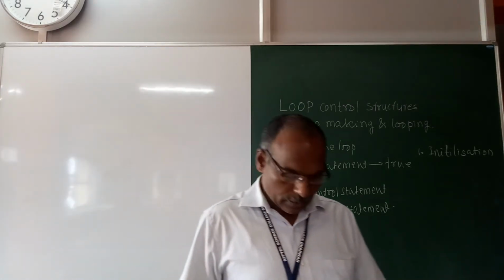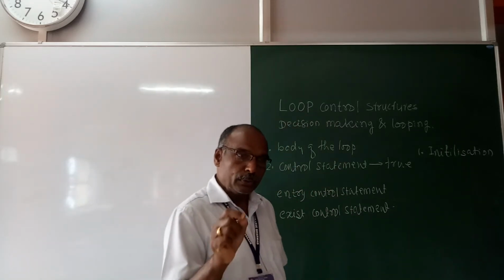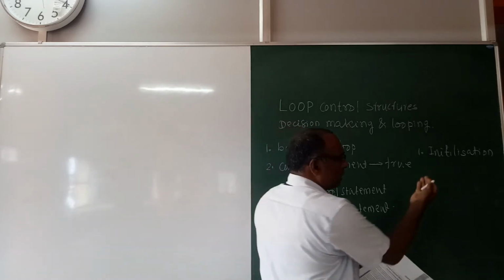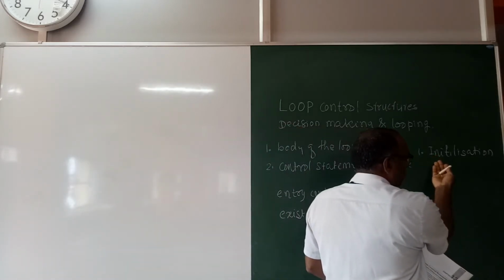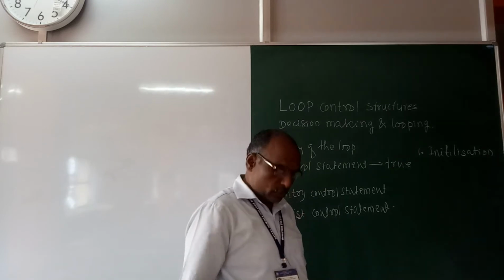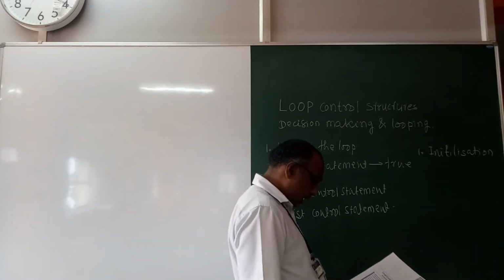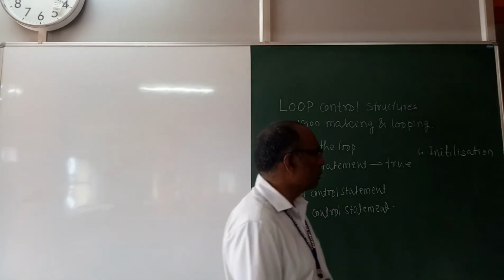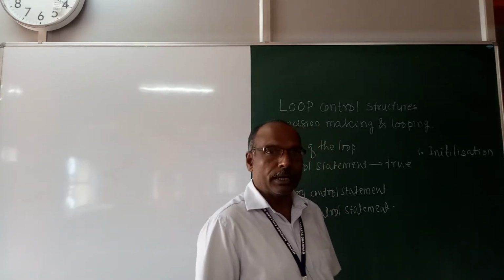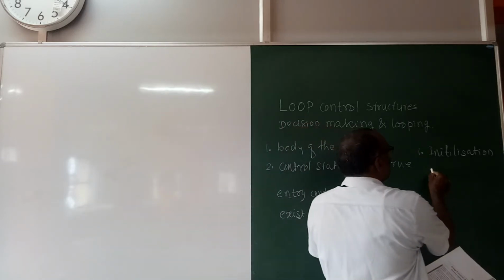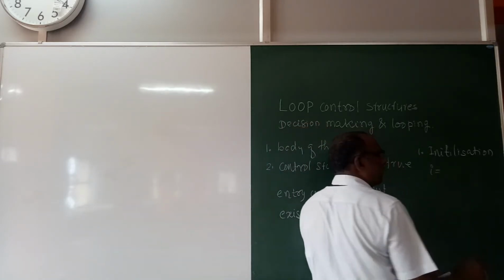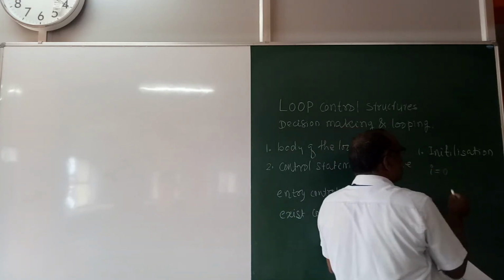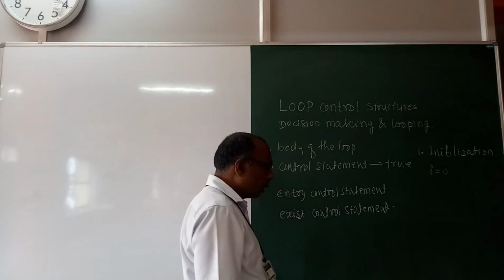To set the initial value of the loop counter. The loop counter may be an increment or decrement. For example, here i is the initial counter, and we write i equal to 0.